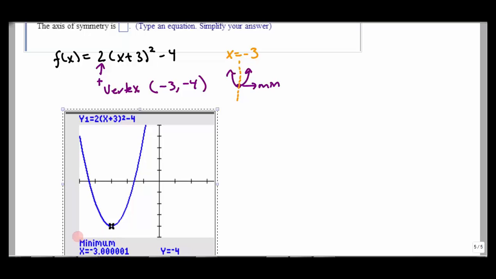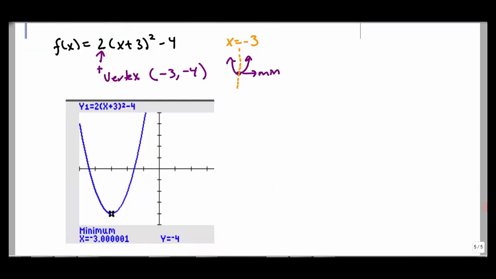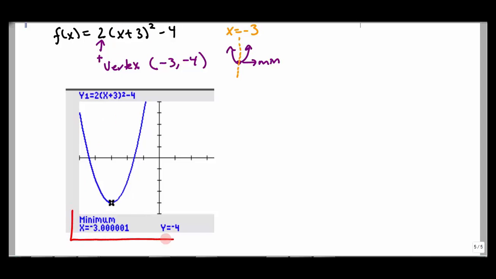So down here we have our vertex. So that's vertex at -3, -4. Our axis of symmetry splits this right in the middle. So that's x equal -3. It's whatever our x value is for my vertex. And so I think I've answered a lot of the questions here.